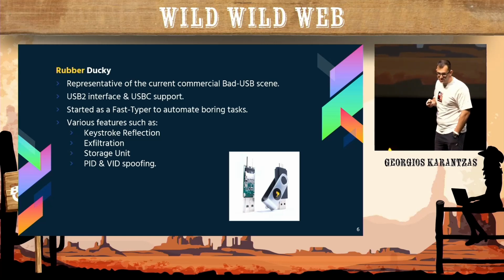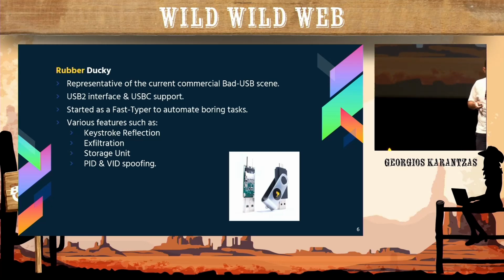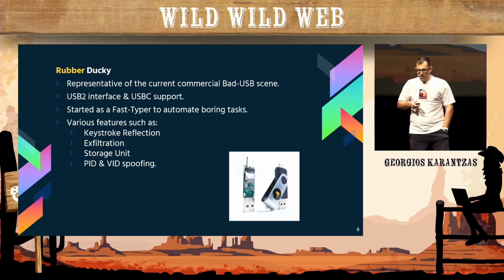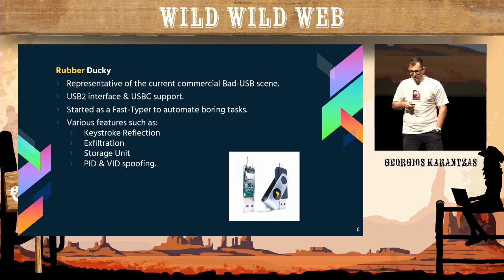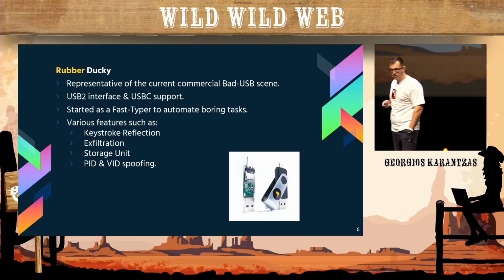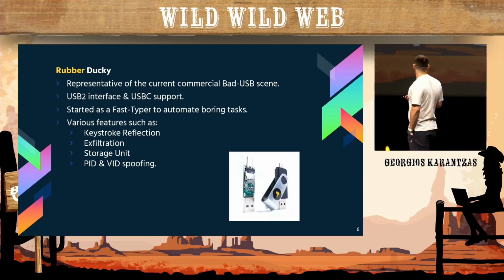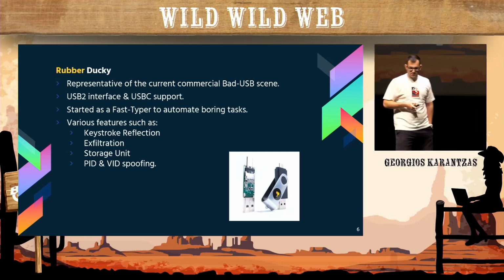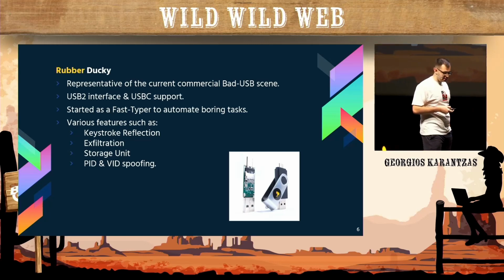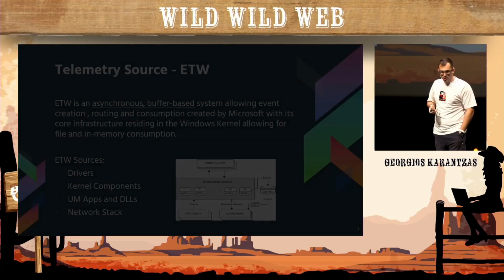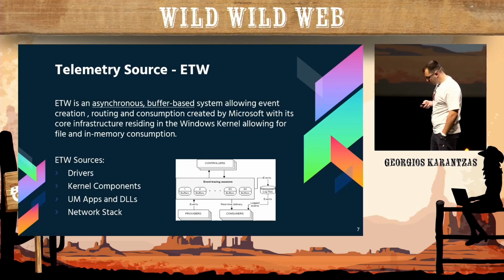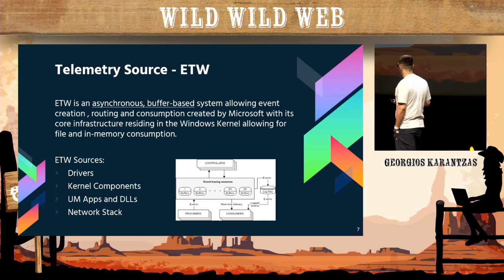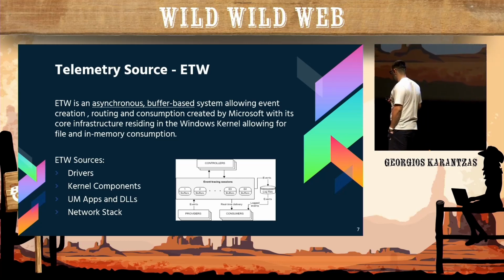As we said, we will focus on behavior. We will not focus on IDs of any kind. It has several interfaces. As you can see, we mentioned a couple of the features. It has some exfiltration, and you can have some storage in it. We don't care that much. What we care more about is how we are going to catch it.